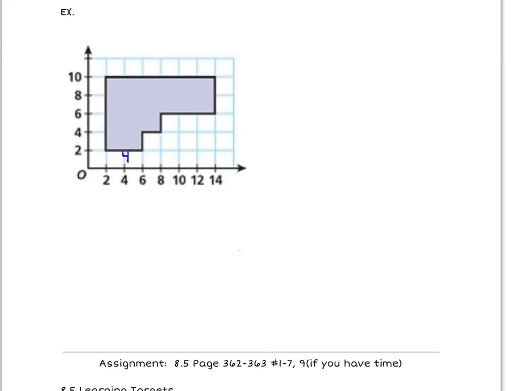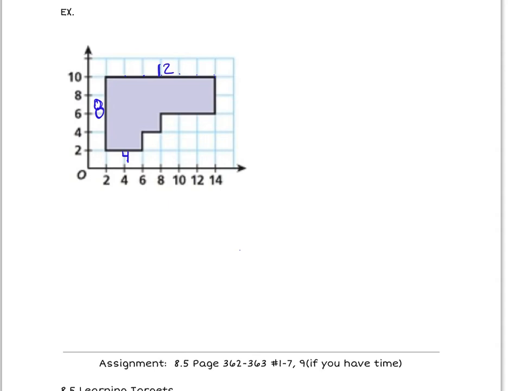Then the height, this left side here, going up. 2 to 4 is 2, plus another 2, plus another 2, plus another 2, is a total of 8. Across the top, count by 2s, so 2, 4, 6, 8, 10, 12.